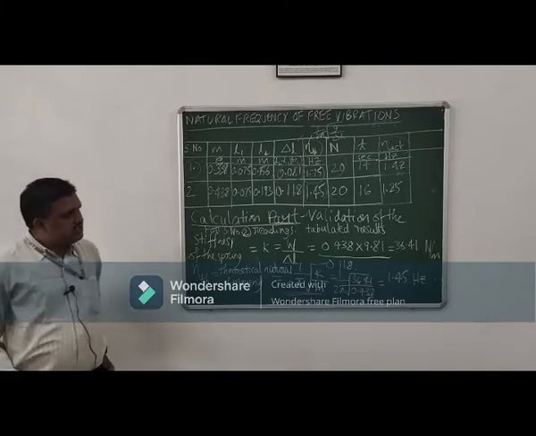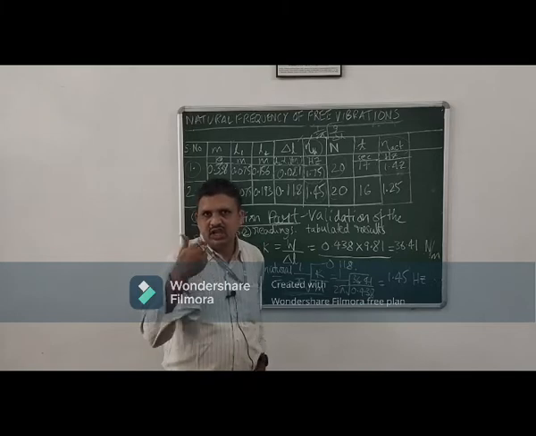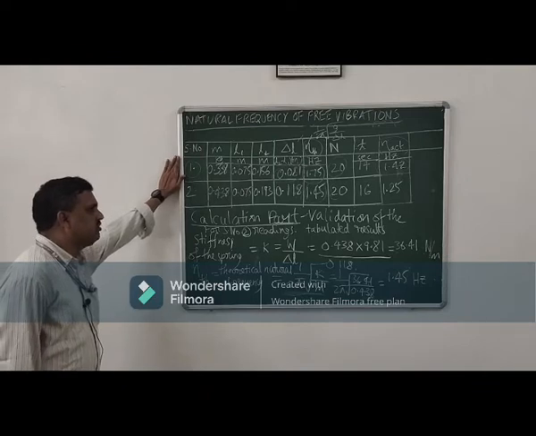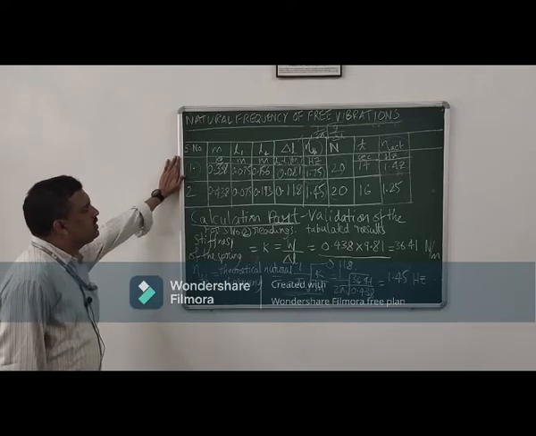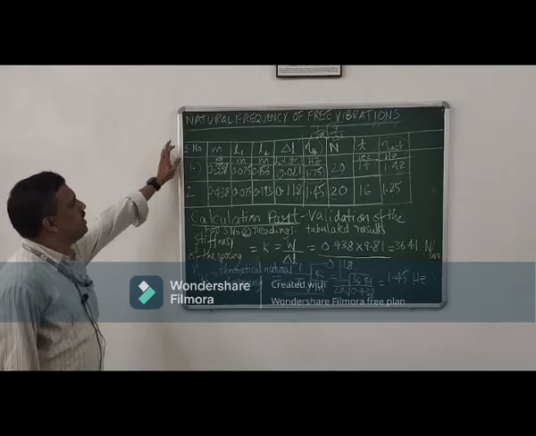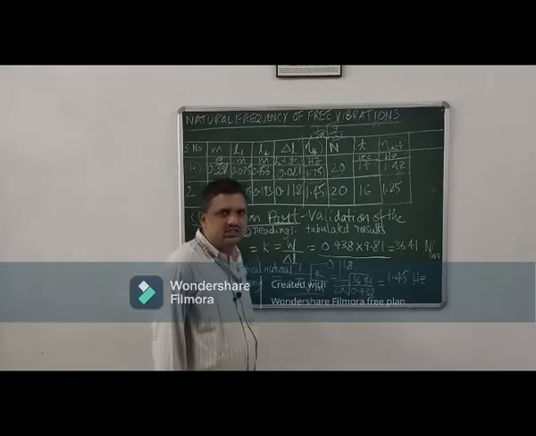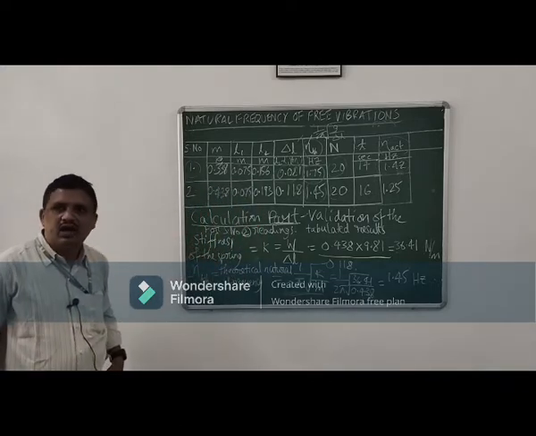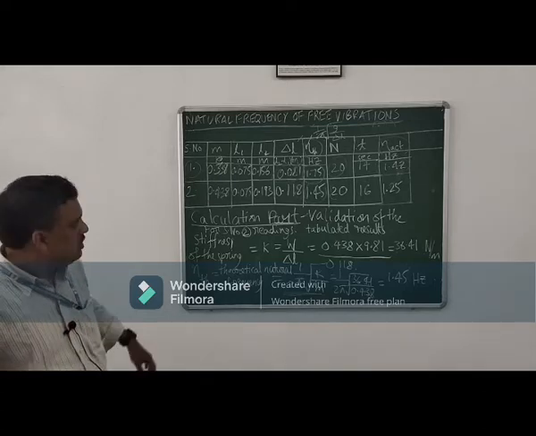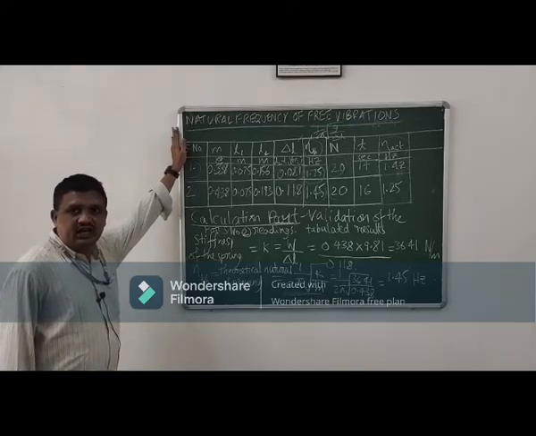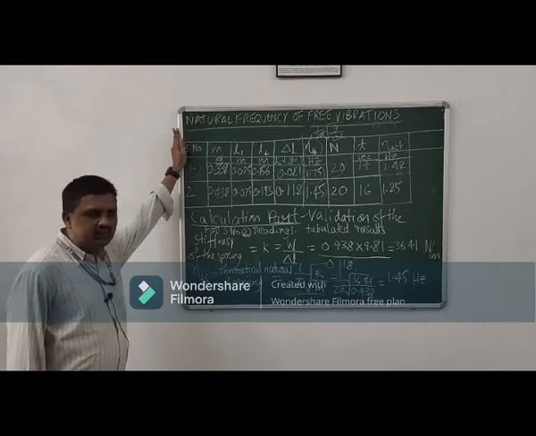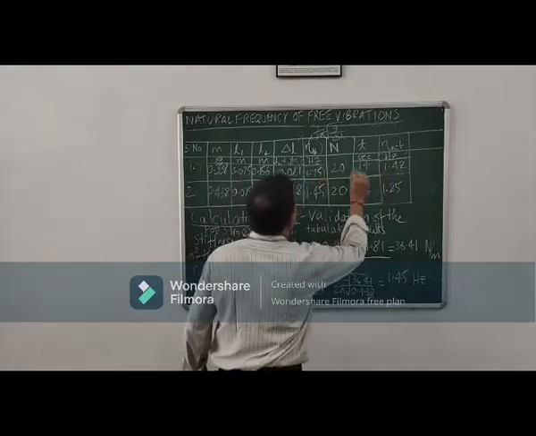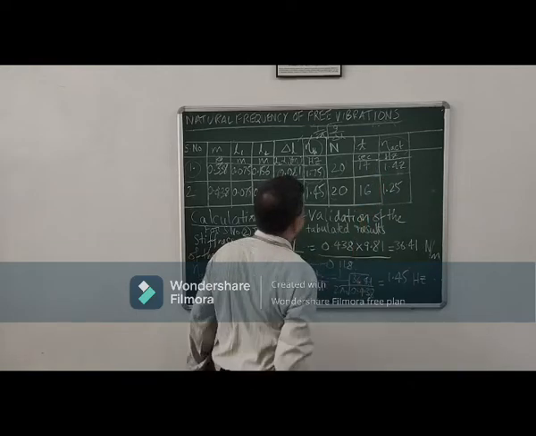So, by this calculation and by demonstrating with the experimental values and these theoretical values, we have done this experiment, that is to find the natural frequency of free vibrations of the spring mass system. It is evident from our calculation as well as the experimental demonstration that we have calculated the theoretical and experimental natural frequency of free vibrations, and you can see there is some difference between the theoretical and experimental natural frequency.